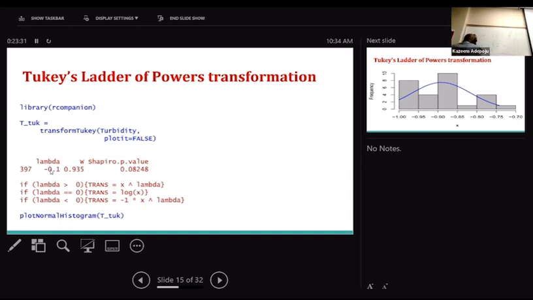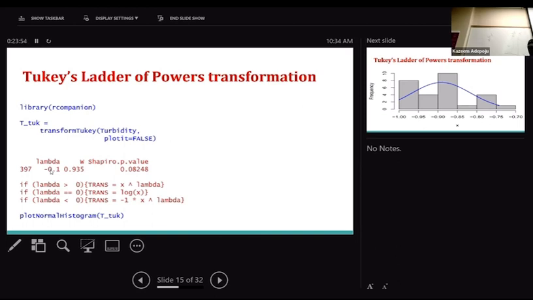I'm going to show you something now. We want to believe that y is raised to the power lambda. We're looking for the value of lambda that will enable the data set to be transformed. Tukey is telling us the lambda is minus 0.1.